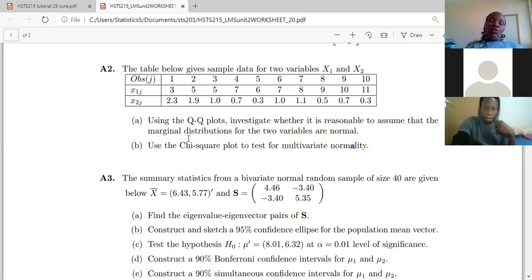So here we want to look at one way of implying multivariate normality, which is doing QQ plots. What are we expecting from QQ plots?